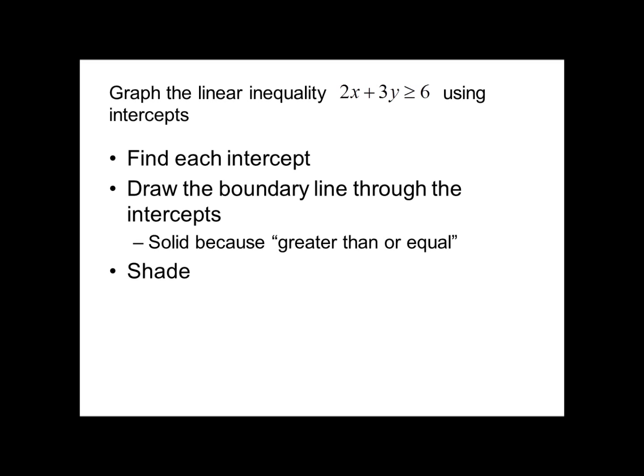Alright, what about finding our x and y intercepts? Well, just like an equation, the way that we find our x-intercept is we plug in 0 for y, and we get x equals 3. To find our y-intercept, we plug in 0 for x, and we get y equals 2.